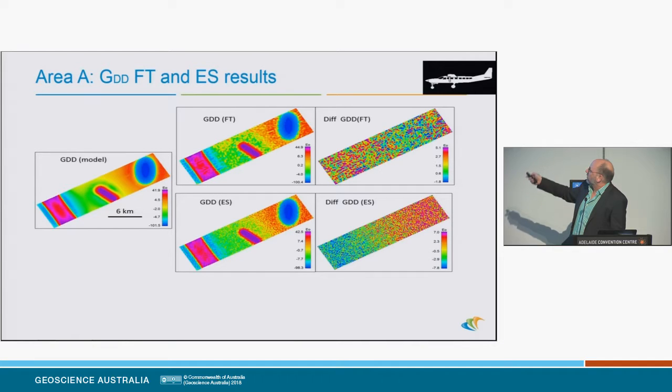You can see in the equivalent source output, there's a slope in the difference as well. And that slope comes about simply because gravity gradiometry doesn't reproduce wavelengths longer than the survey area.